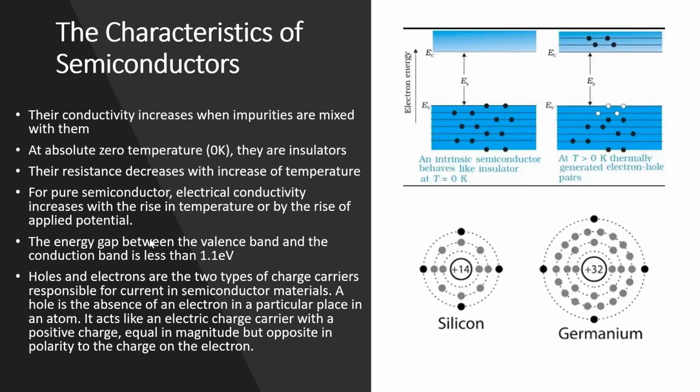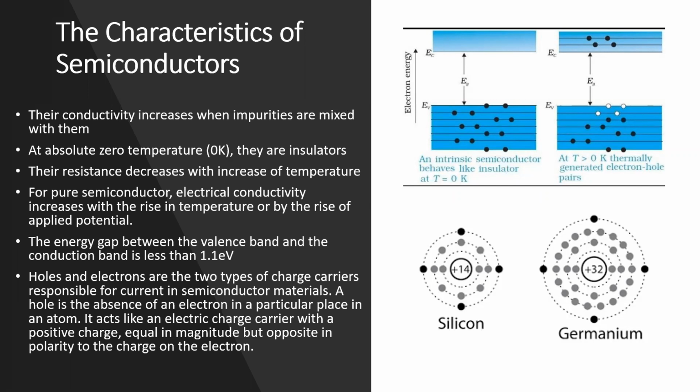Now, for a pure semiconductor, electrical conductivity increases either with the rise in temperature or by the rise of the applied potential. Suppose they are at low temperature. The applied temperature cannot provide the 0.7 electron volt energy to the electron. Suppose the temperature is not that high. In that case, if you apply a potential, the electrons are given some electrical energy.